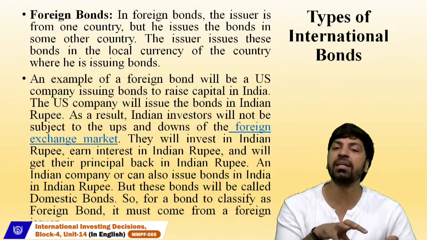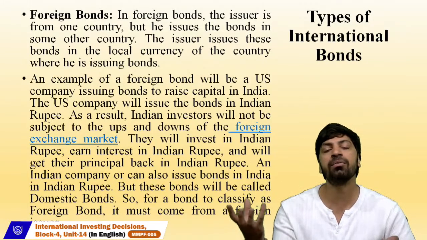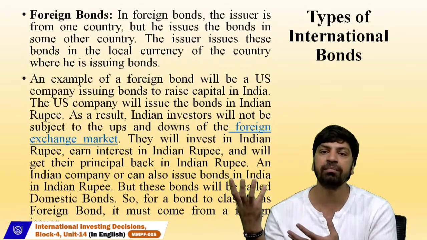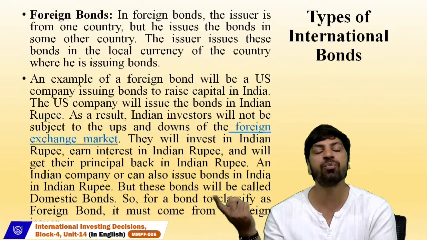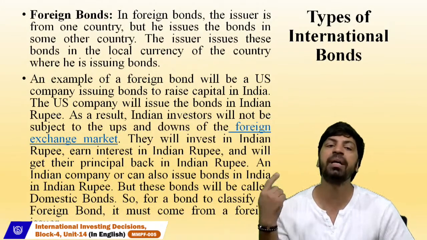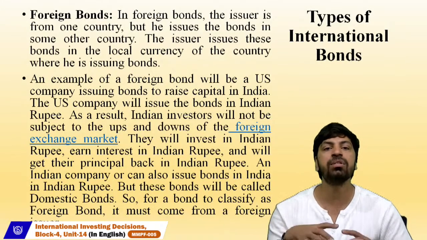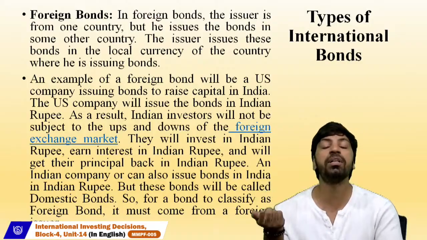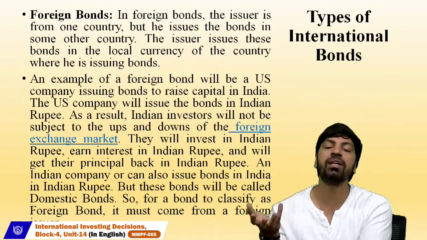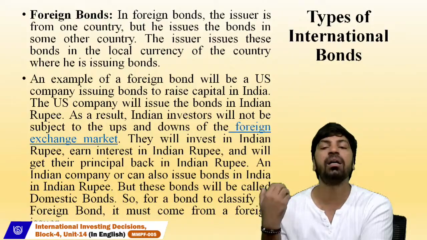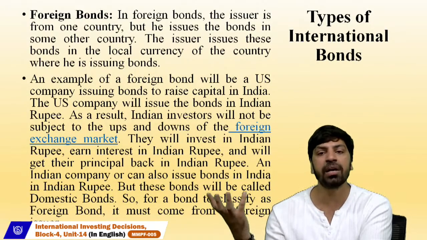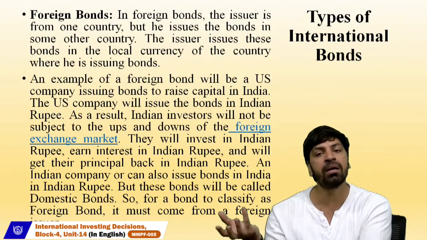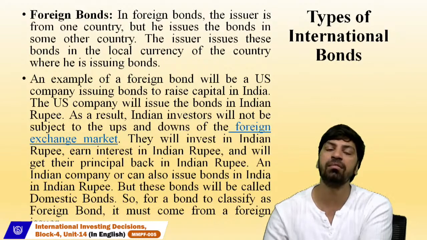But if such an Indian company operates in another country and issues bonds in that foreign country, in that country's currency, it becomes a foreign bond. Bonds are classified as foreign bonds when they come from a foreign issuer. If any international company comes to a country and issues bonds in that country's currency, it becomes a foreign bond.